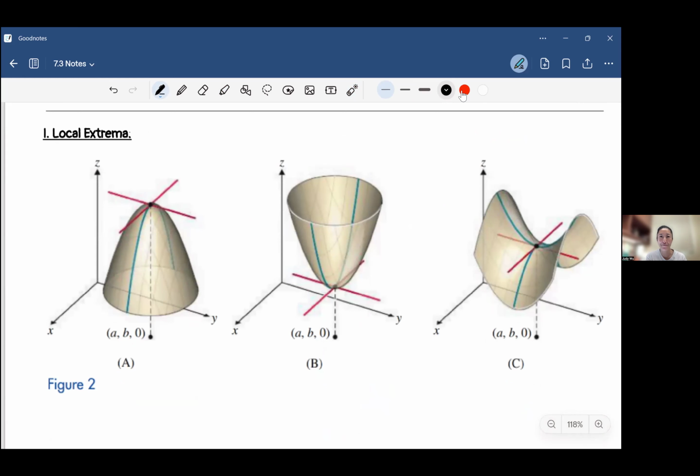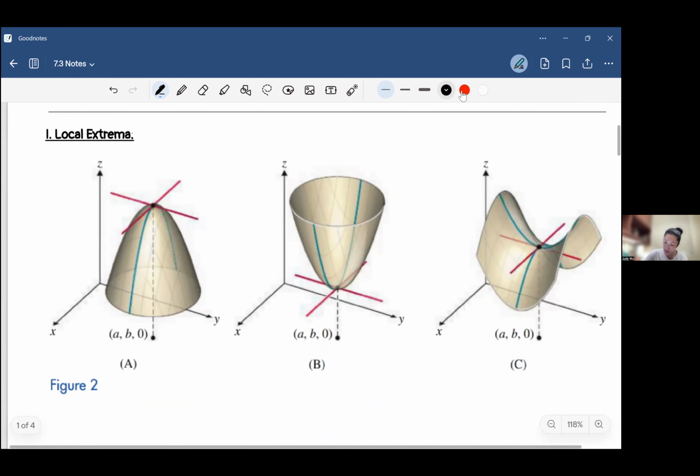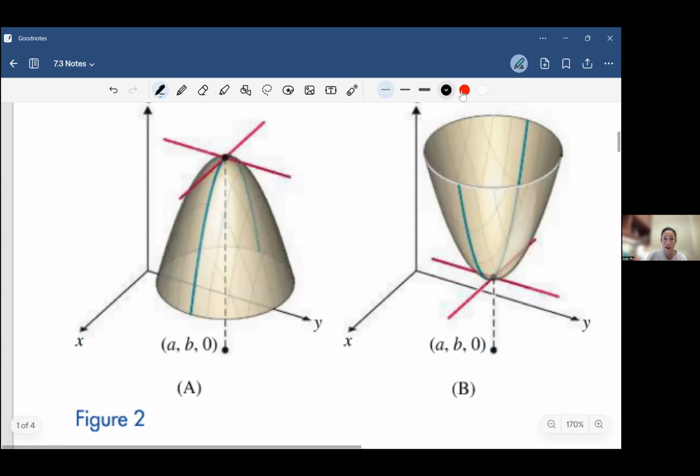All right, so I'm a big visual learner. I like to start with pictures. And when we talk about local extrema in 3D, they really take three different forms. If we take a look at figure A over here, I hope we can tell that we have an upside down cup or an upside down bowl.